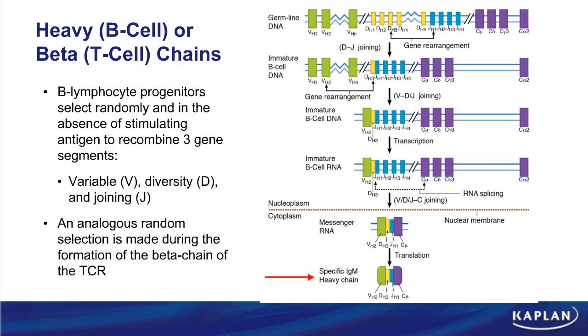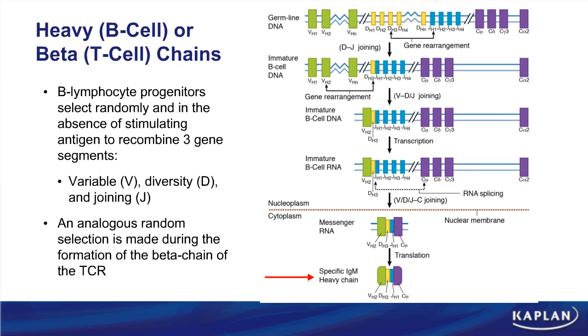So what we have just done is we have made one IgM heavy chain, which we'll also sometimes call mu. Okay, and if that rearrangement goes well, then that cell is going to just continuously make that mu heavy chain, which will eventually turn into an IgM molecule.